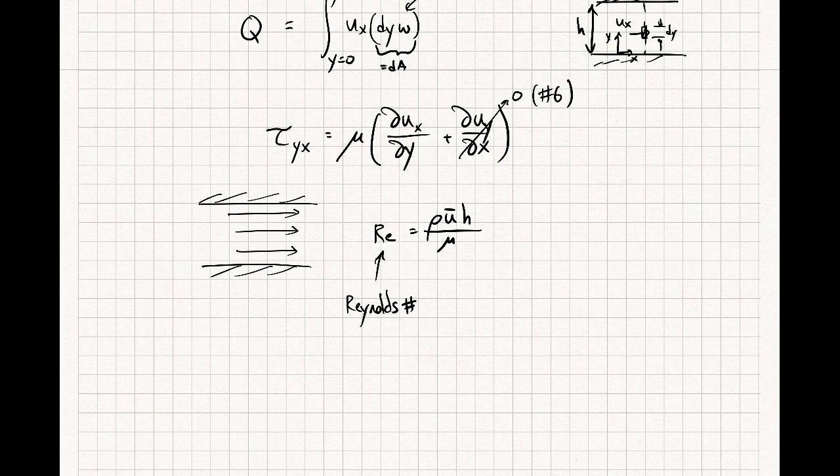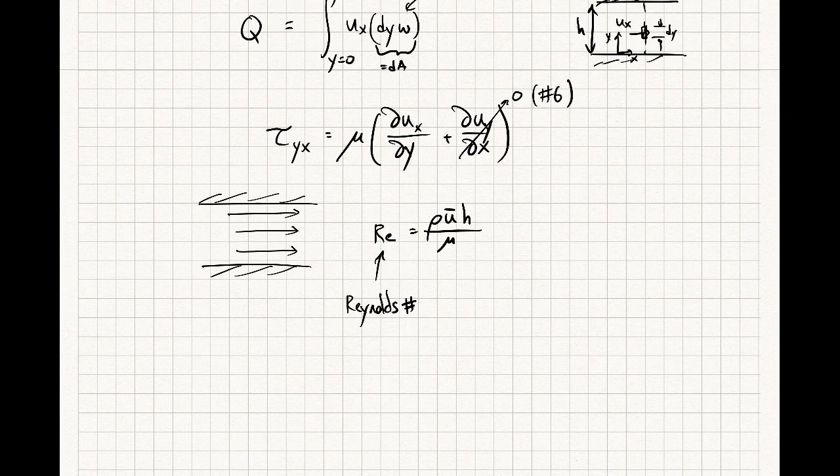You've probably heard of a Reynolds number before, but it's a ratio of what we call typical inertial force for a fluid particle divided by a typical viscous force for the fluid particle. And we'll talk more about this with dimensional analysis, so don't worry about knowing it all that well at this point.